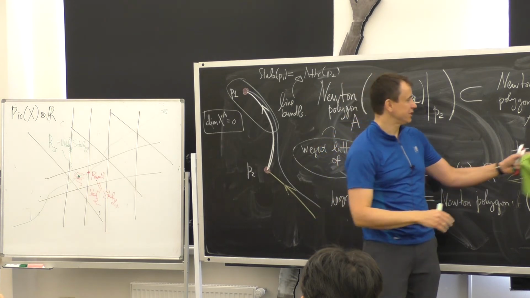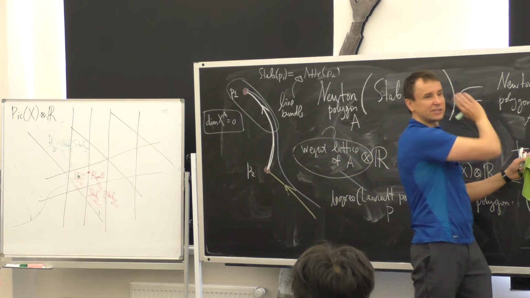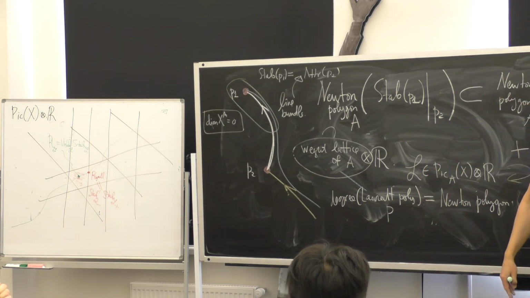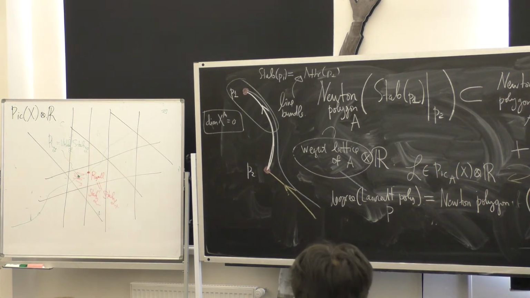All these terms have gone to infinity, so all the restrictions to other fixed points are just gone. You can do this exercise. It really says that somewhere in the weight lattice there's some shift by a weight, and that weight has gone to infinity. So in a suitable ring, such as formal power series, you can just imagine that the restriction of this stable envelope at all other fixed points is really zero.